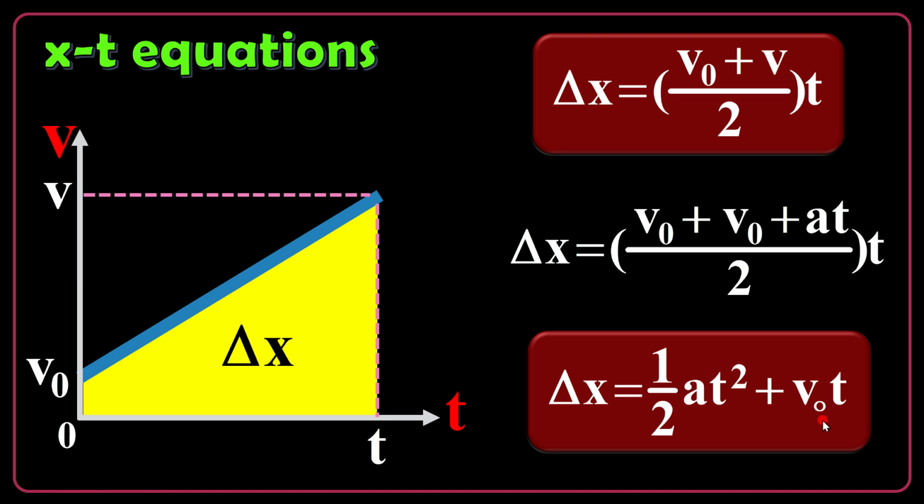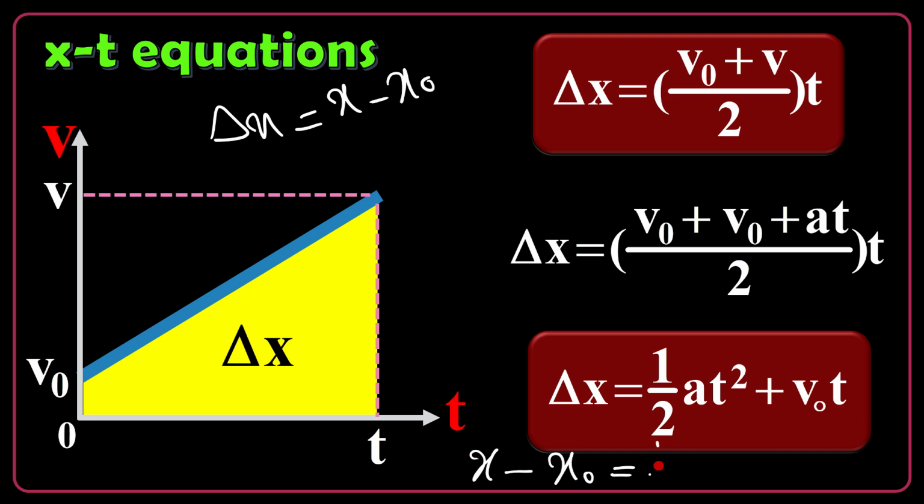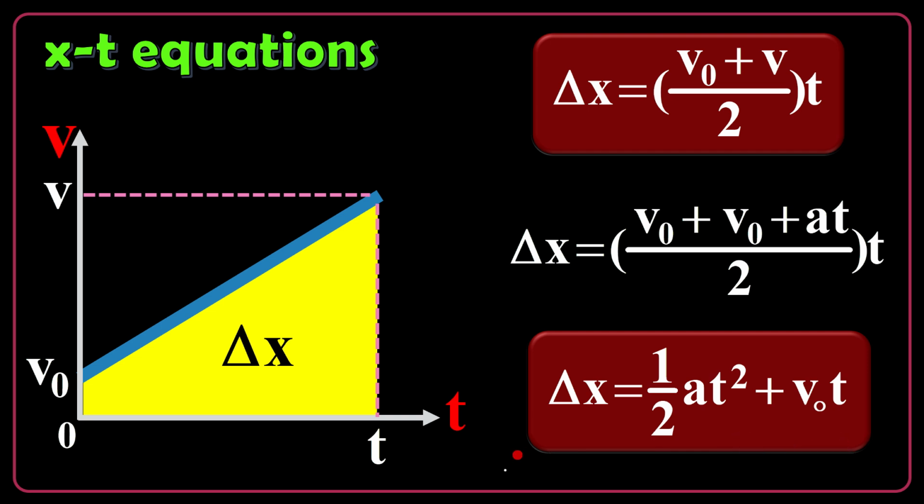Some prefer to write delta x like x minus x naught. And so you will have another feature of this equation to be x minus x naught equals a half of at squared plus v naught t. Or if you prefer, you can write it x equals a half of at squared plus v naught t plus x naught. This is not that different. Some prefer to write it like this.